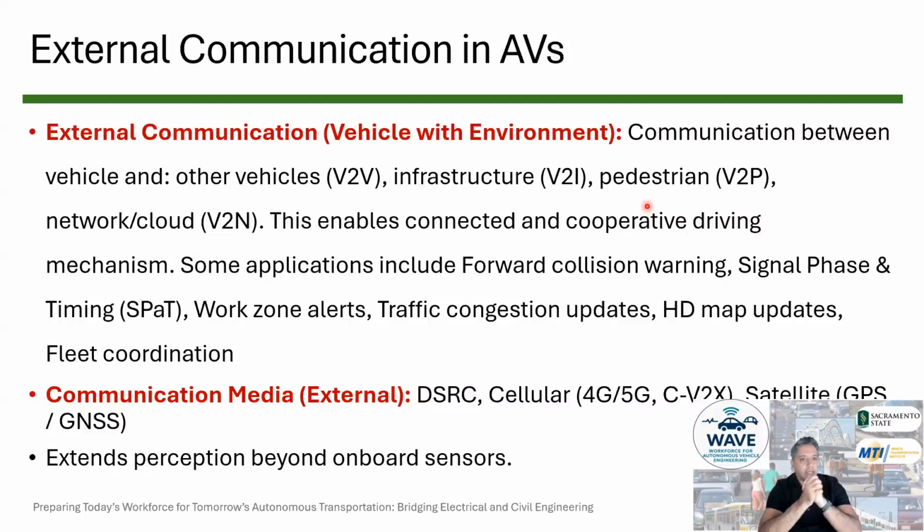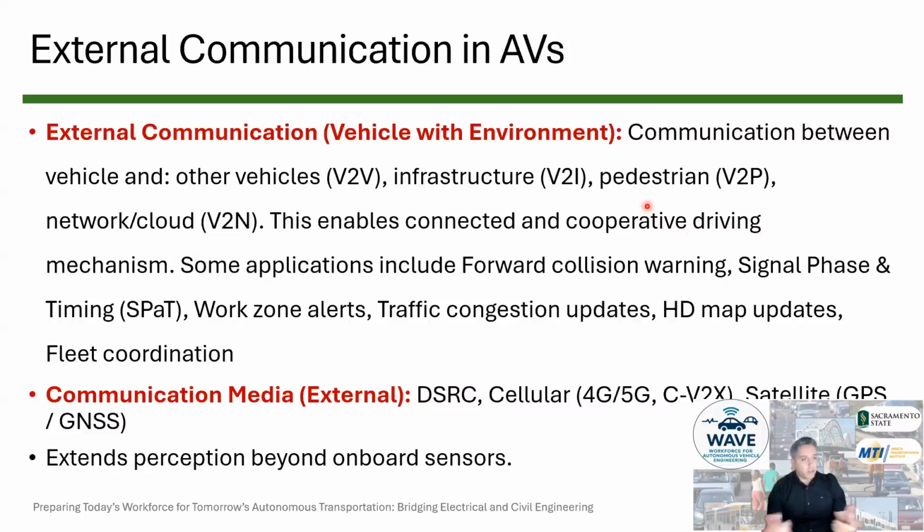And this enables external communication along with all the sensor processing. With internal communication, all the sensors get information from cameras, lidar, and radar, and that is a huge amount of data that comes to the processing and control unit.